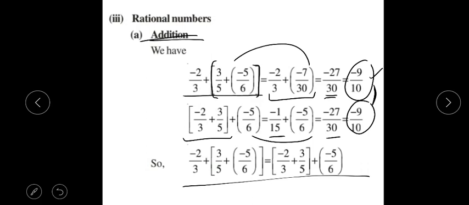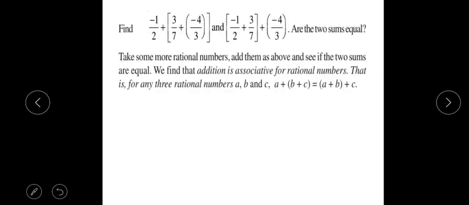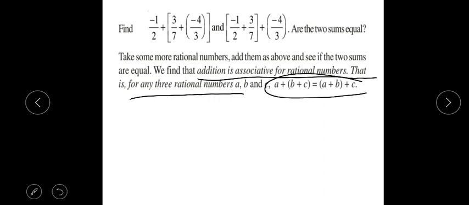This shows that rational numbers are associative for addition. What it says is that addition is associative for rational numbers, that is, for any three rational numbers they follow this sequence. They result in the same value irrespective of their sequence.